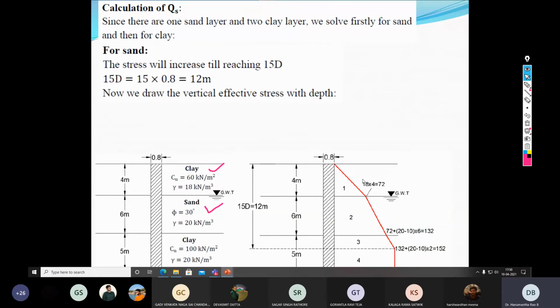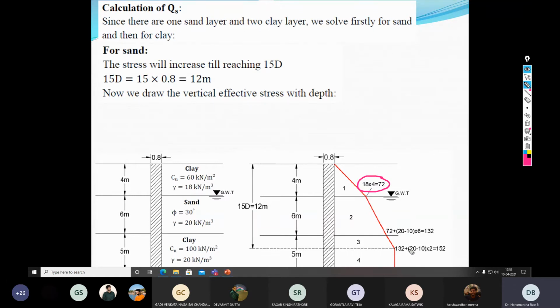The overburden sigma dash is nothing but 18 multiplied by 4, that is 72. This is on the top of the sand layer. So the pressure on the top of the sand layer is 72, and the 12 meter is below the sand.